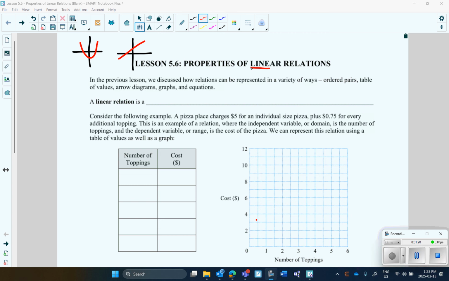Anyway, so what's a linear relation? A linear relation is a relation that forms a line in a graph.